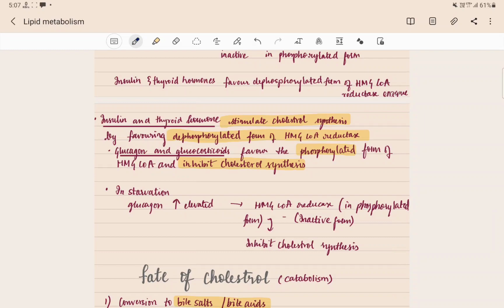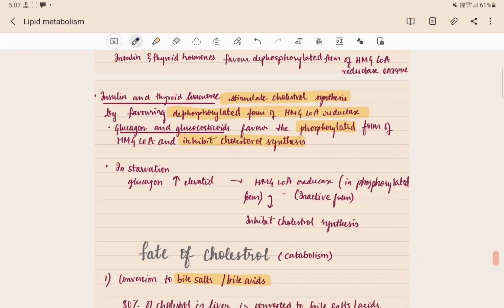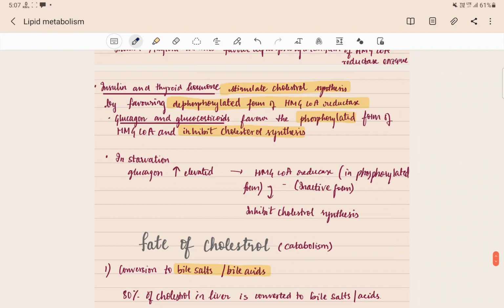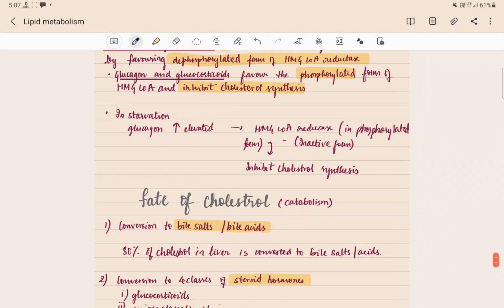They favor the phosphorylated form of HMG-CoA reductase and inhibit cholesterol synthesis. In starvation, glucagon is increased, so HMG-CoA reductase is in the phosphorylated form, and it inhibits cholesterol synthesis.